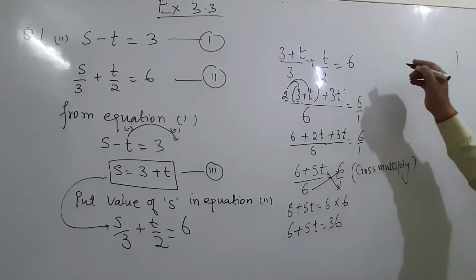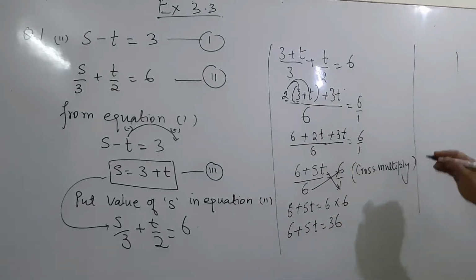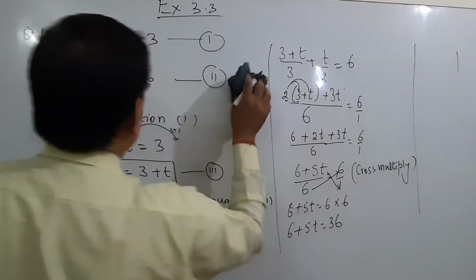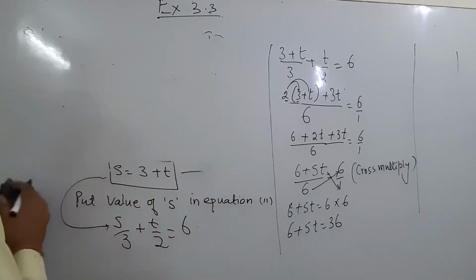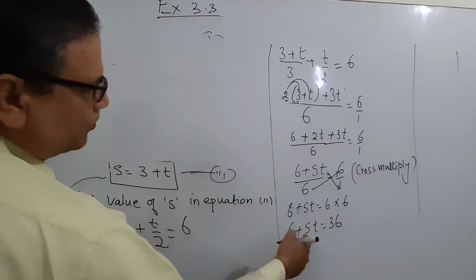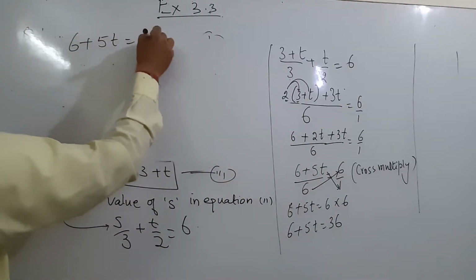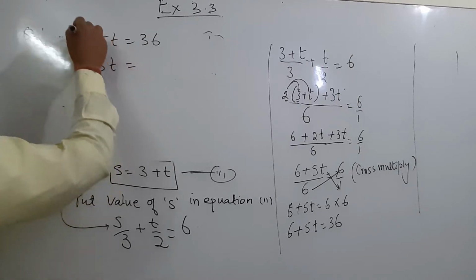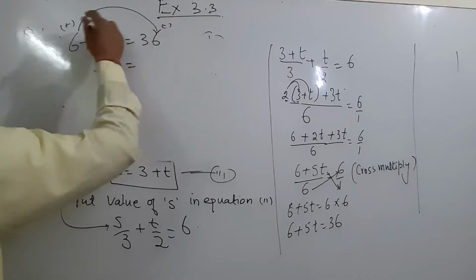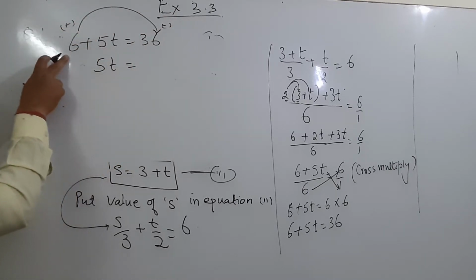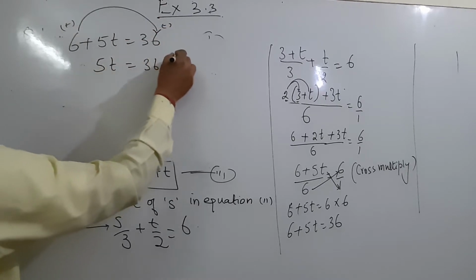Then 6 plus 5t is equal to 36. 5t is equal to, the 6 on the left side is plus, and transferred to the right side it will be negative. 36 minus 6.